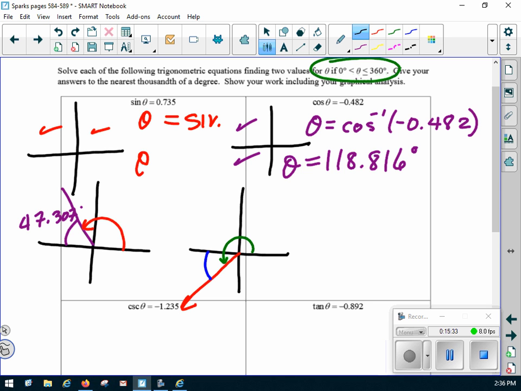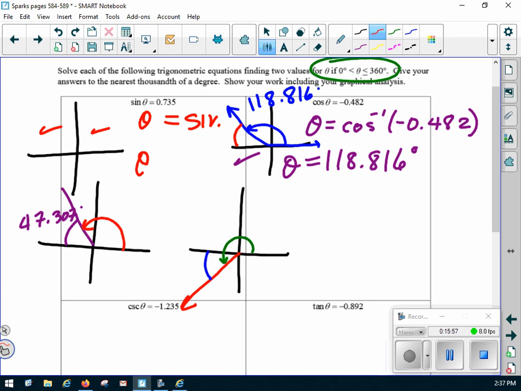Look, let me just do it up here. This angle right here is this, correct? 118.816? That's right. Find that reference angle.